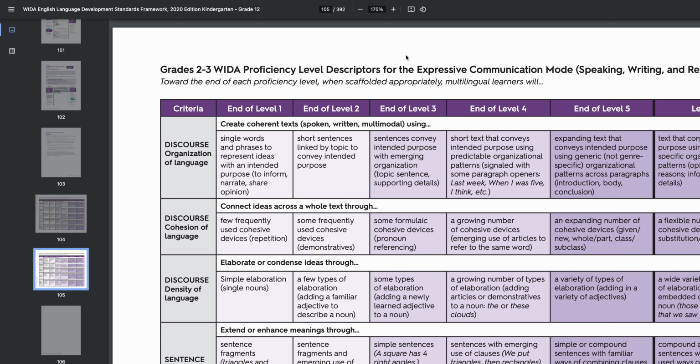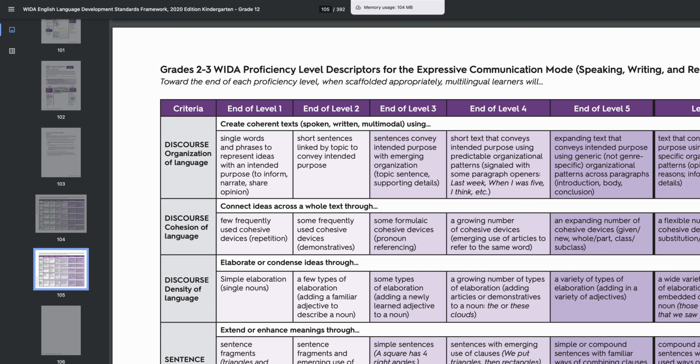The 2020 edition of WIDA now calls them PLD, Proficiency Level Descriptors. I don't care about the acronyms. I call it differentiating instruction. But I just wanted you to know if you had your class before 2020, you probably heard the term MPI. And if you had it after 2020, you probably heard PLD.